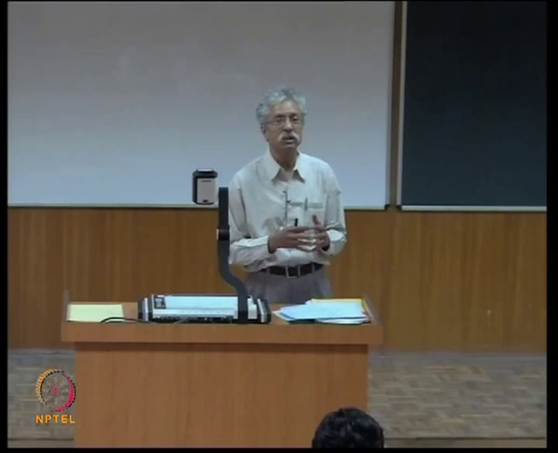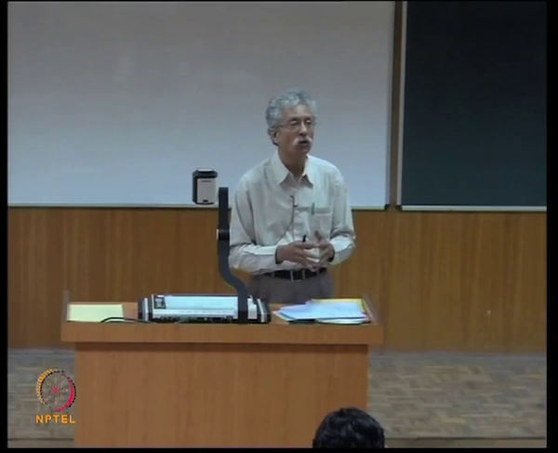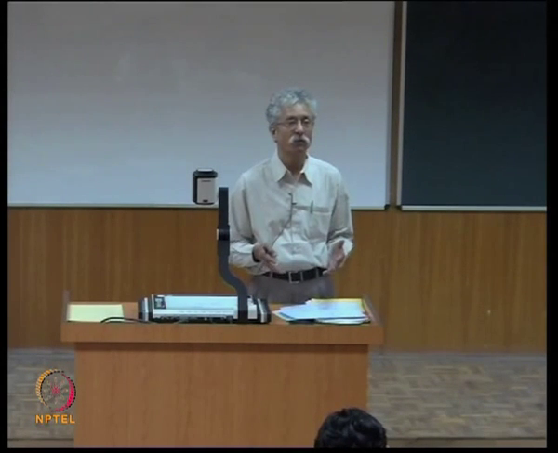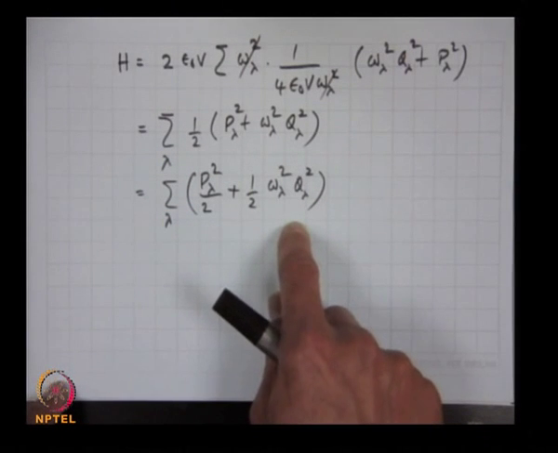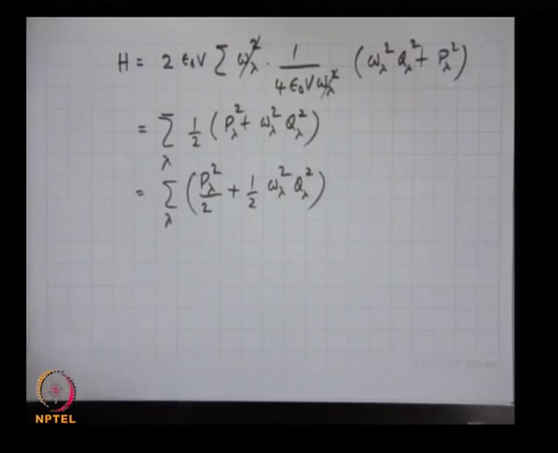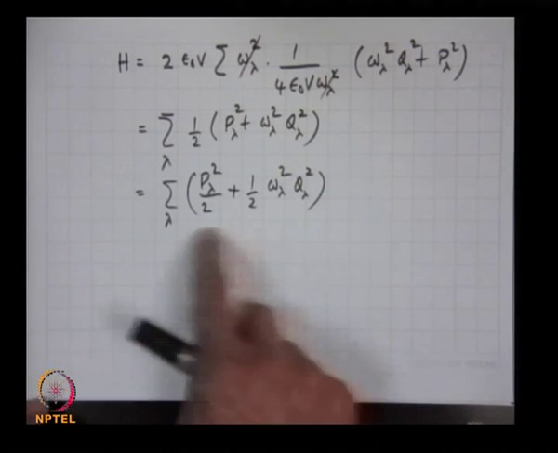Each harmonic oscillator corresponds to one particular mode of propagation of that plane wave. For every value of lambda, I have a harmonic oscillator. Each mode, for each value of lambda, corresponds to a different mode. So each mode acts as if it is a harmonic oscillator.